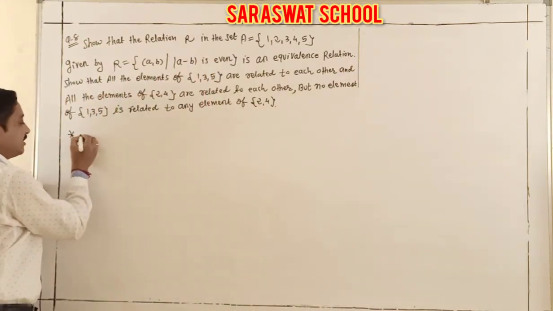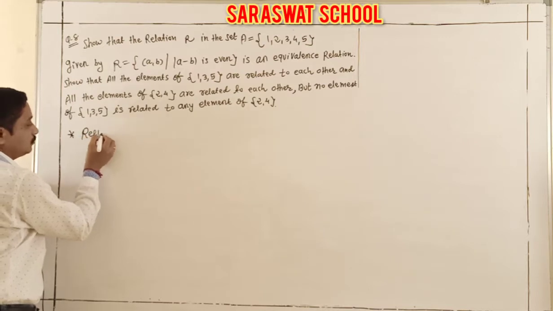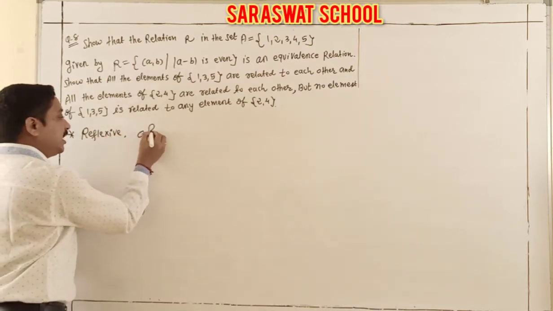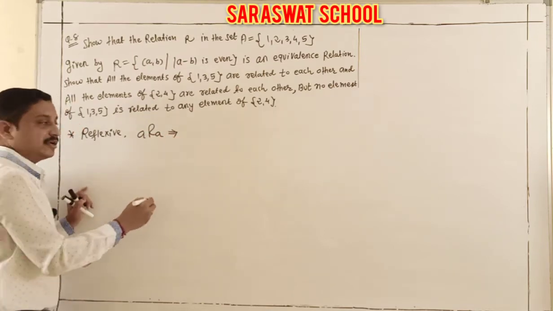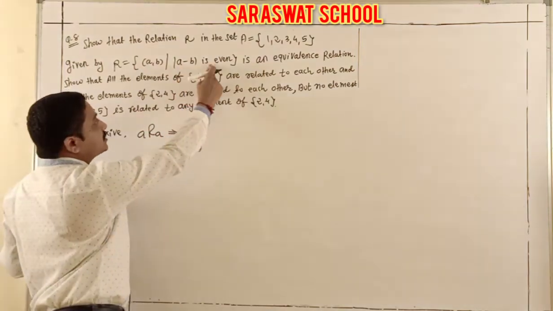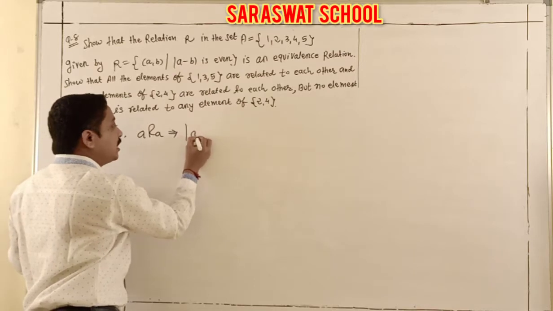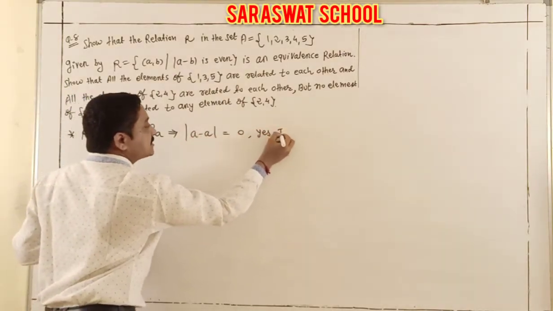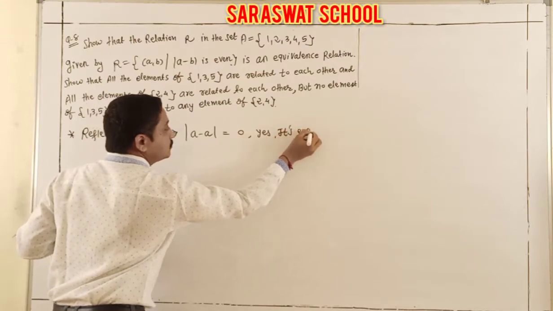So first of all I check reflexive. Reflexive rule, A relation A. Check here, A minus B is even. So A minus A is equal to 0. Yes, it is even.